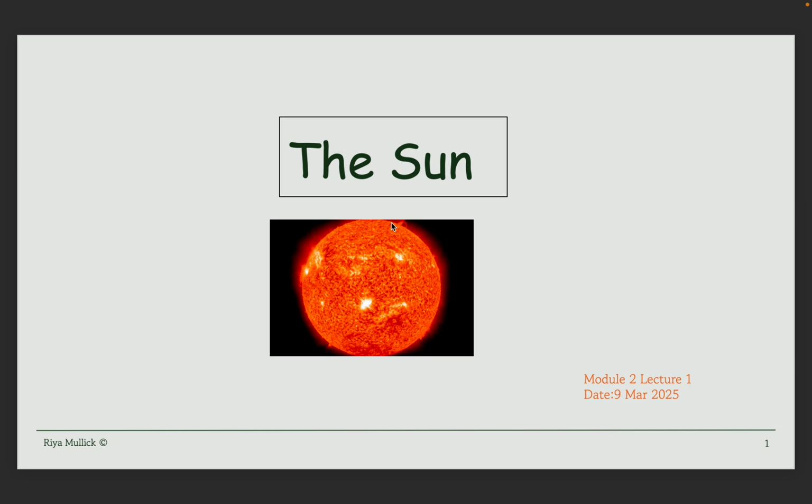This will be the second module of our course, where we will introduce stellar evolution and the exoplanet. First, we will cover our own star, that is Sun, and then we will cover how the low mass stars and the high mass stars evolve along the main sequence.